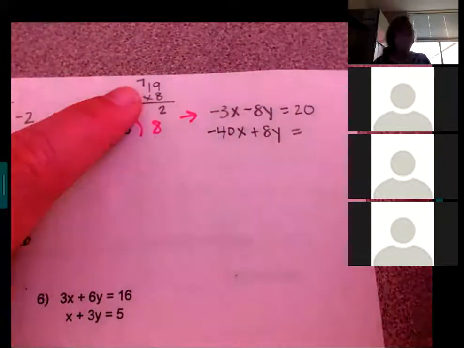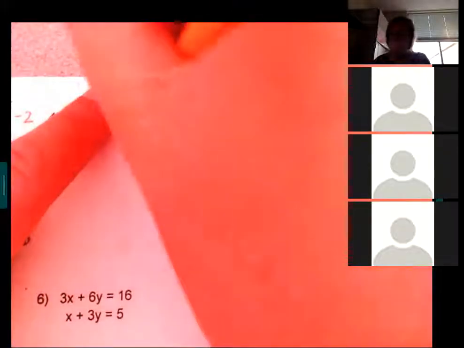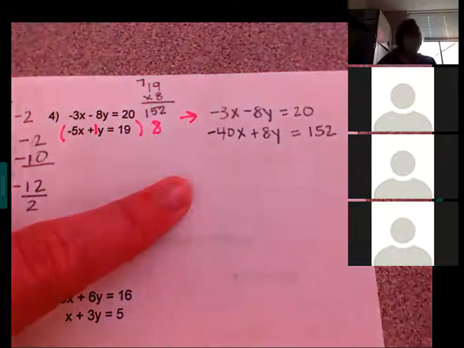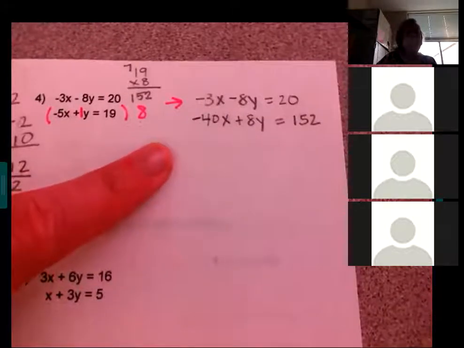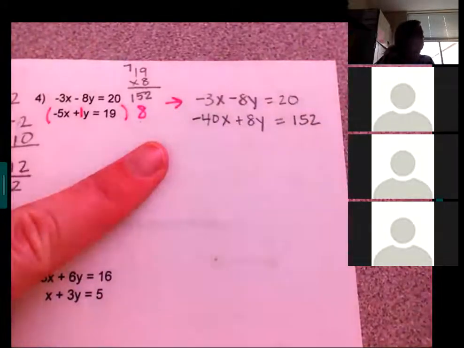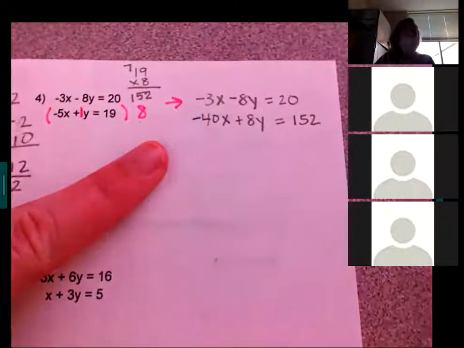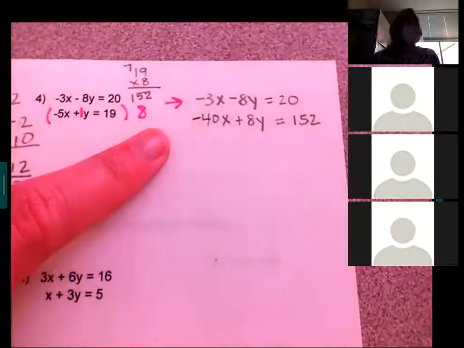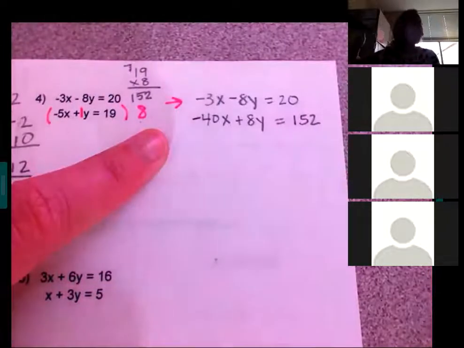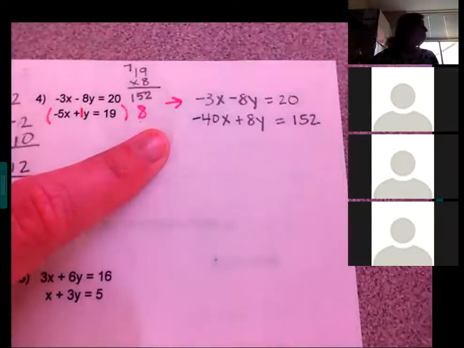It's okay. 15. You told me the right answer earlier, so I'm good. That's 152. Looks like we're going to get some big numbers, but that's okay. I mean, we should get big numbers. We had to multiply by 8. So that makes sense. Now, the good news is, first of all, does anybody have questions about me multiplying by 8? This is as hard as it will get if you got to multiply by something.